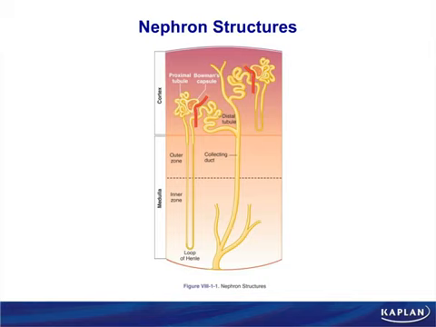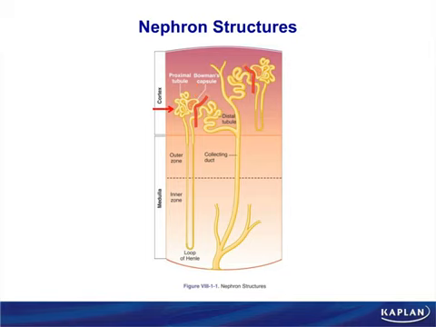So the nephron is the functioning unit of the kidneys. And let's take a look at the structure of the nephron. So the kidneys are broken up into the cortex and the medulla. The medulla, you have the outer medulla and the inner medulla. Now in the cortex, you have the glomeruli. The glomeruli are surrounded by Bowman's capsule. After Bowman's capsule, the nephron becomes the proximal convoluted tubules.